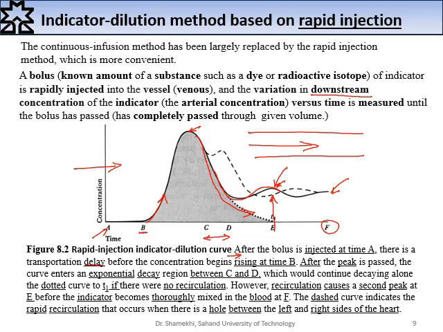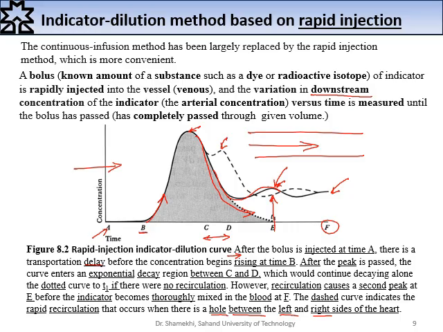Also, we have another chart, a dashed line chart. The dashed curve indicates the rapid recirculation that occurs when there is a hole between the left and right side of the heart.